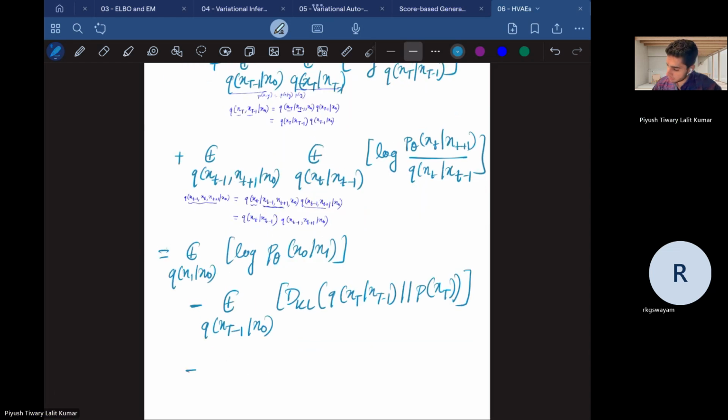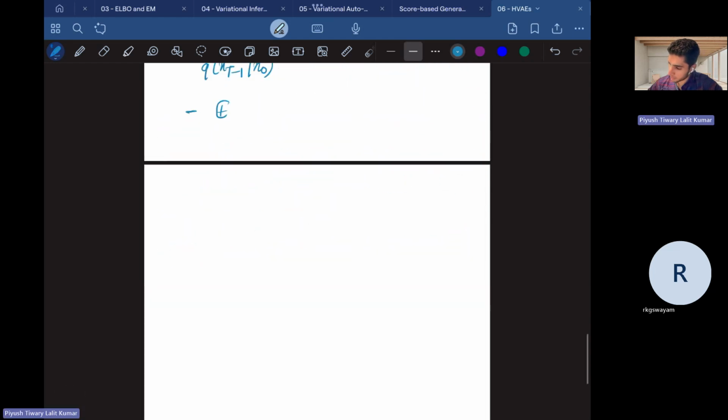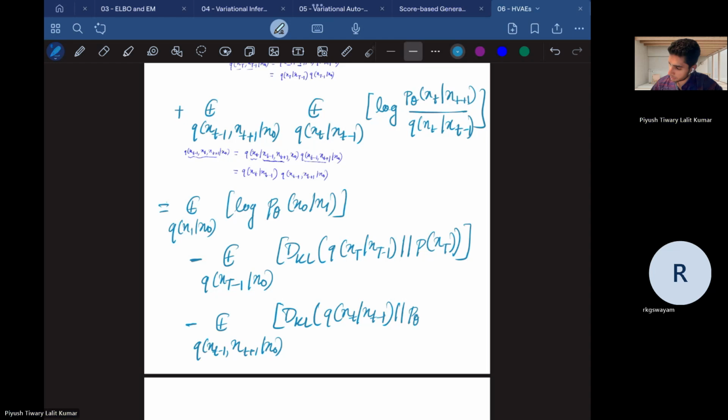And the third term will again have an expectation under q of x_{t-1}, x_{t+1} given x_0 of the KL divergence between what is inside, q of x_t given x_{t-1} and p theta of x_t given x_{t+1}.